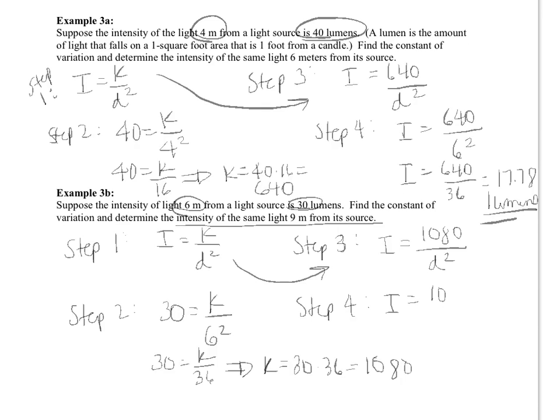So intensity equals 1080 divided by 9 squared, which is 81. Our intensity equals 13.33 lumens. So the light that's 9 meters from its source, which has a light source of 30 lumens, is now going to have a light source of 13.33 lumens.